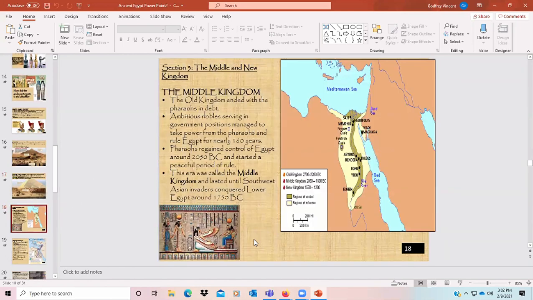Then we get to the middle and the New Kingdom. Again, you see, this is the Nile, this is Kush, this is the Red Sea. This region here, this is the Middle East. This is the Mediterranean world. This is Europe.